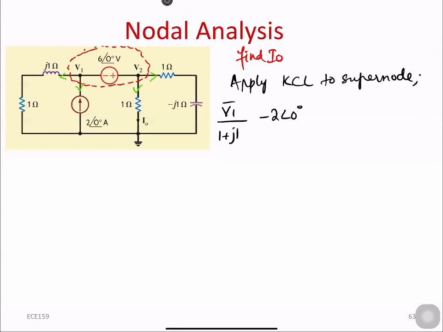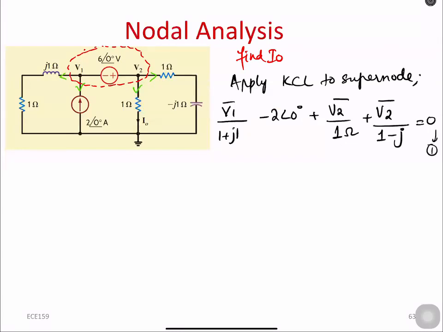So we will write this as plus V2 over 1 ohm plus V2 divided by 1 minus j. So again, I just put these two in series combination. So V2 divided by 1 minus j equals 0. So this is our first equation.